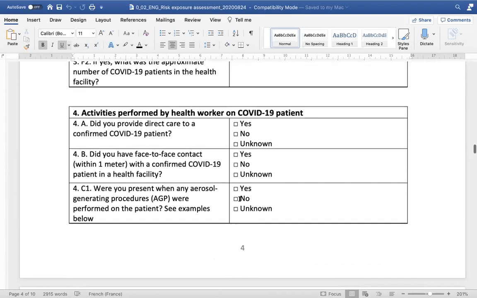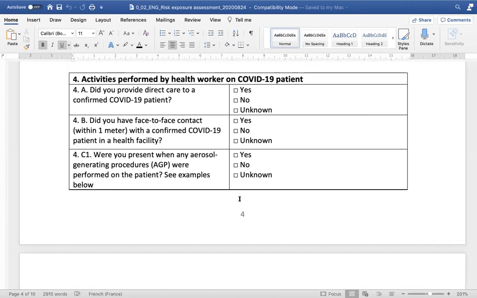Then after that, we want to know the activities performed by the healthcare worker on COVID patients. So here, basically what we are trying to find out is the risk of exposure. Did you have direct contact with a confirmed COVID patient? Did you have face-to-face contact? Or were you performing an aerosol generating procedure? Scroll down, please.